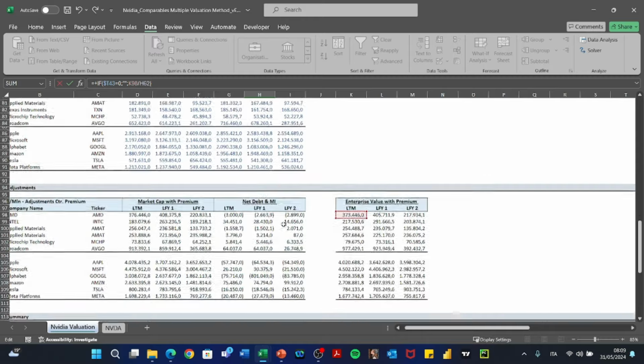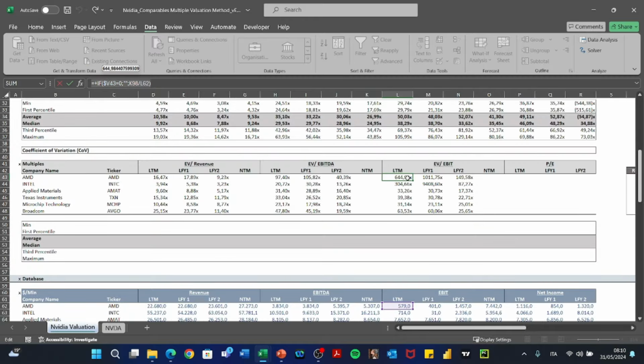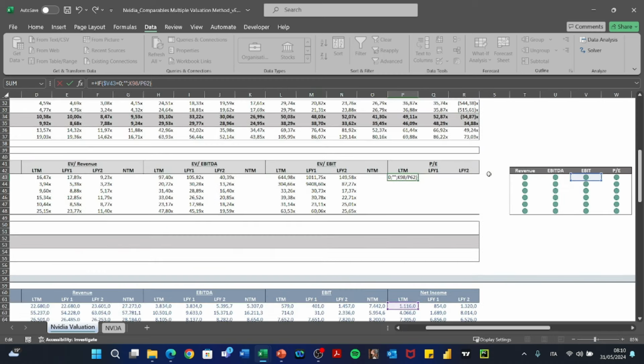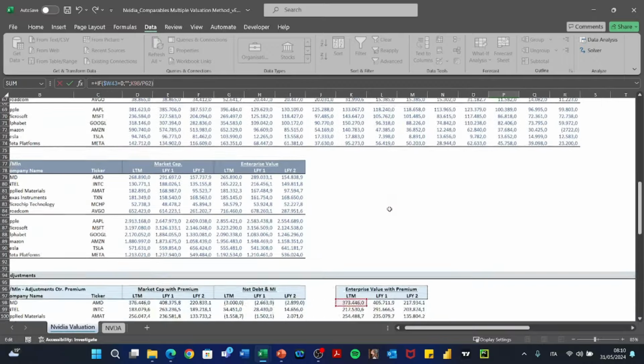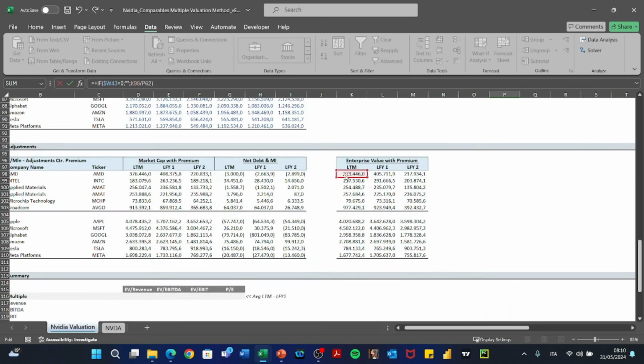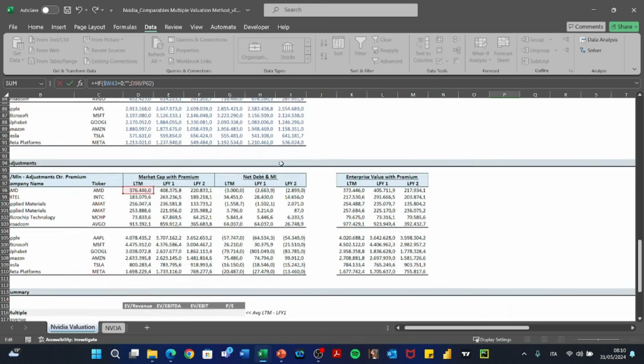Let's do also for the last multiple, which is price to earnings. Okay, in this case, I need the market cap.